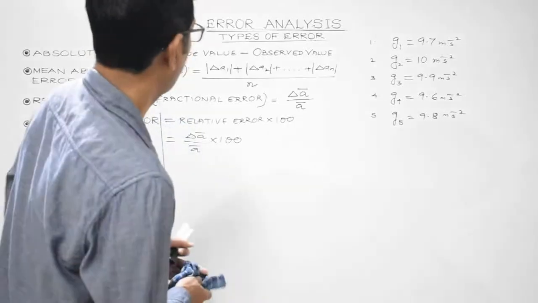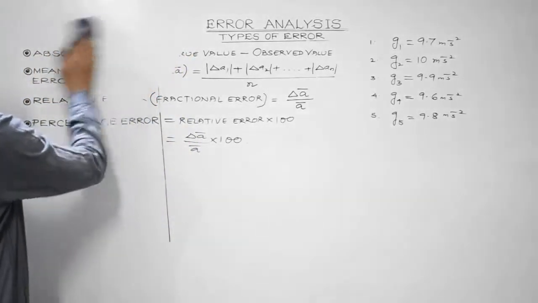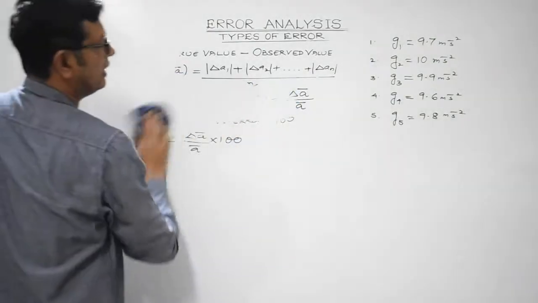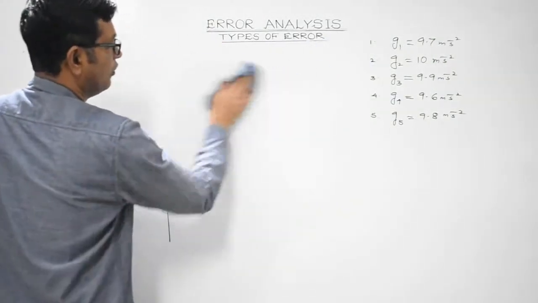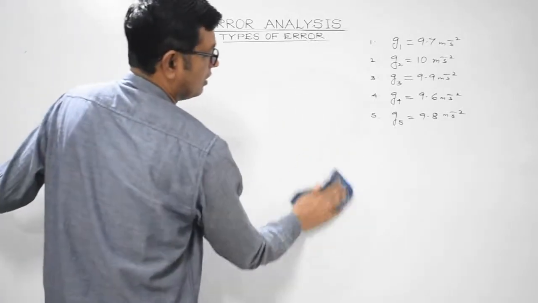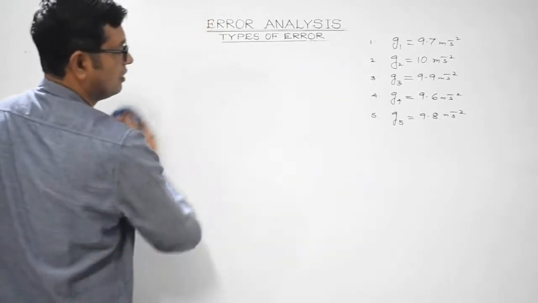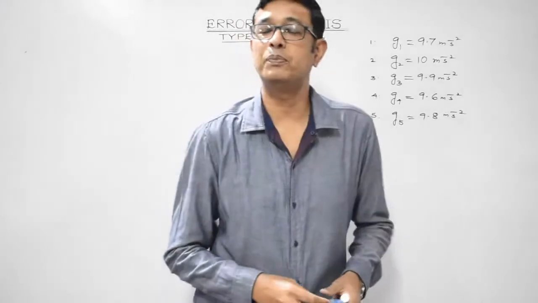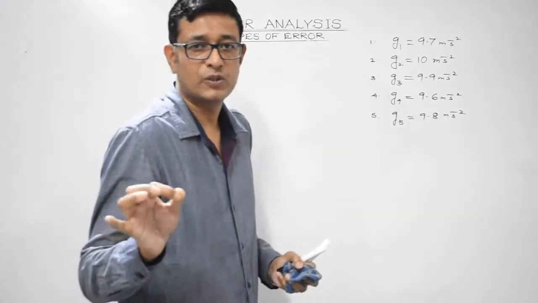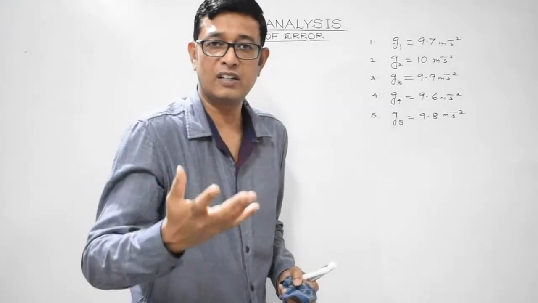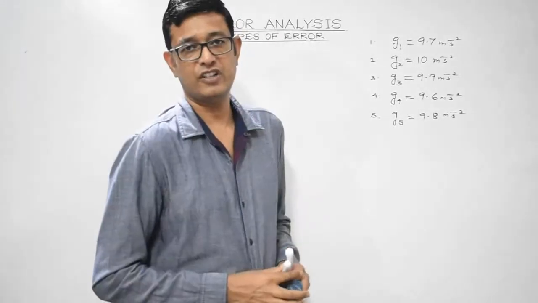We are supposed to find the absolute error in the individual observations, the mean absolute error, the fractional error, and also the percentage error. And lastly, we are supposed to express the result in terms of absolute error as well as percentage error.